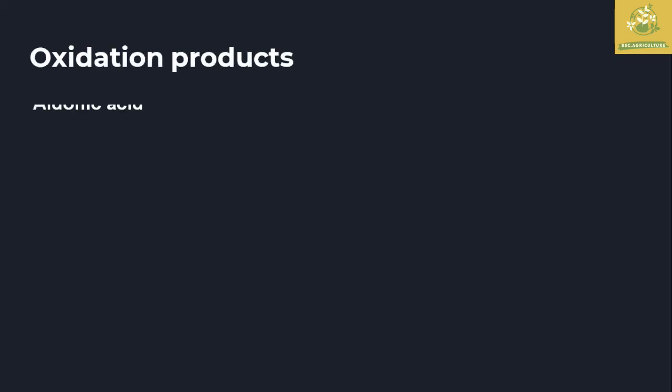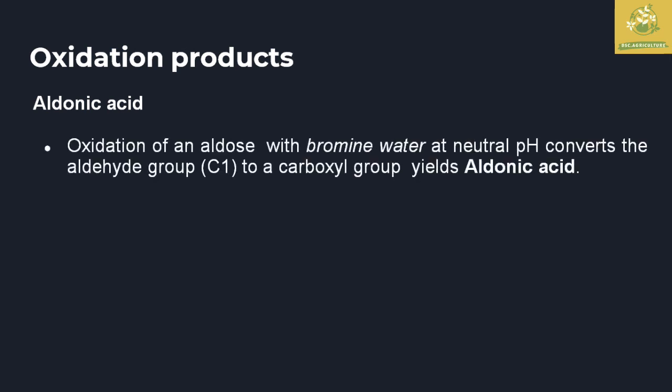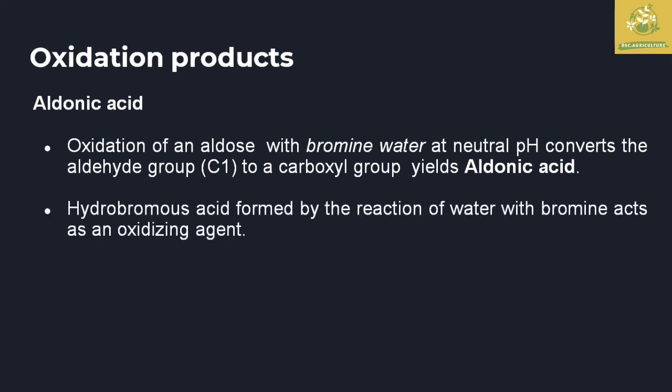And the oxidation products, there are around 5 products. Aldonic acid: oxidation with bromine water at neutral pH converts the aldehyde group of C1 to a carboxyl group, yielding the aldonic acid, while hypobromous acid, which is formed by the reaction of water with bromine, acts as the oxidizing agent.